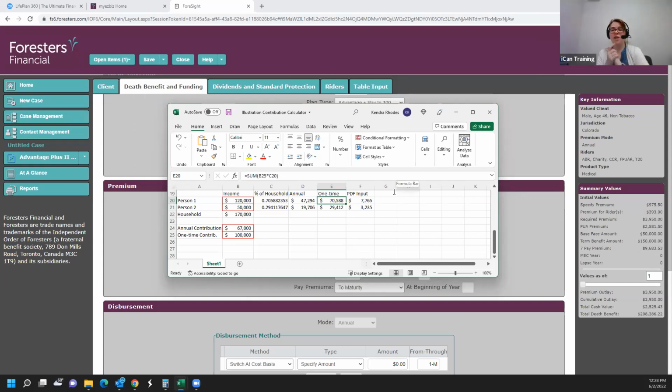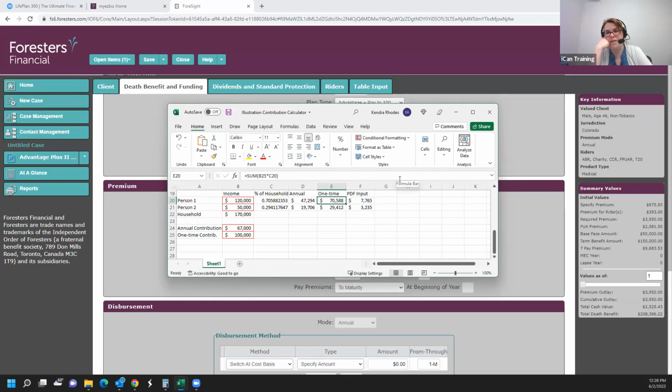Because, and does anybody know the reason that we do this? That's the maximum amount. Close. So the reason that we subtract the annual premium from our one-time contribution is so that we now have the ability to pay annually, because Foresters has a fun little tool called the Premium Deposit Fund.